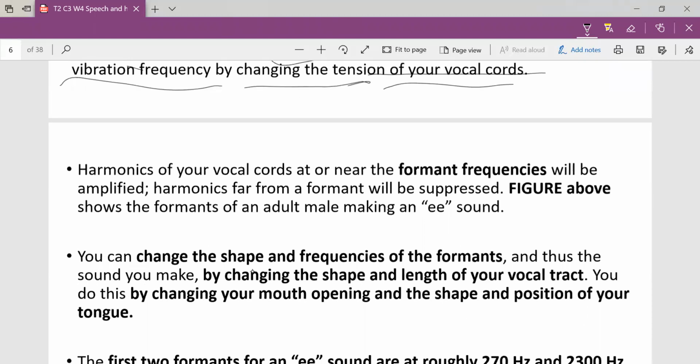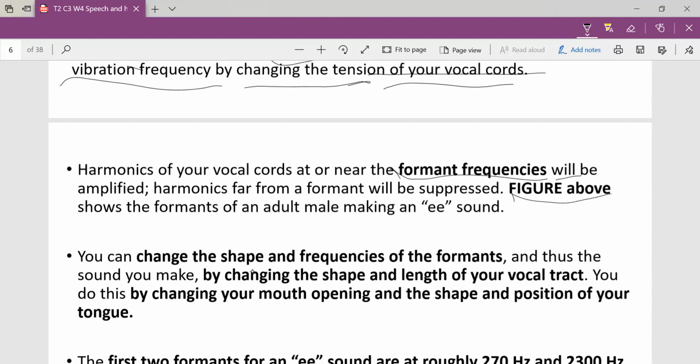So the harmonics of your vocal cord near the fundamental frequency, which is the first formant, we have established in the first diagram. This is just notes to explain what happened in that diagram on the figure above.